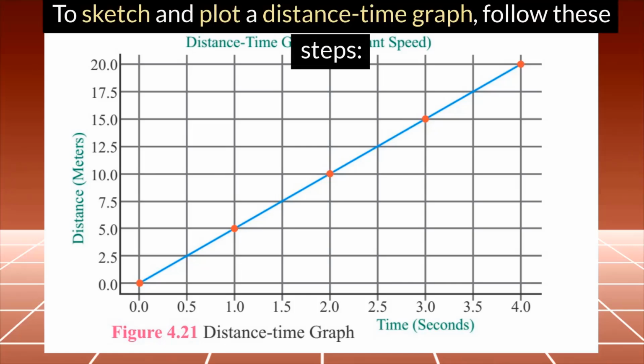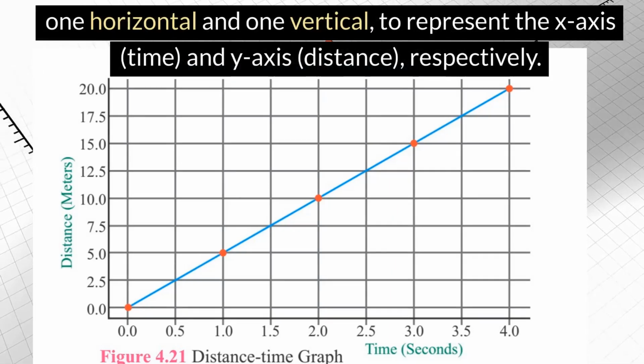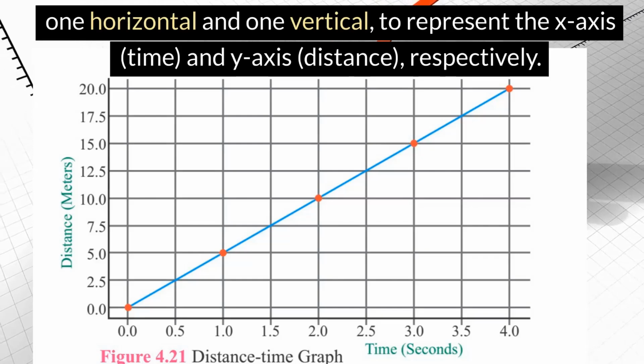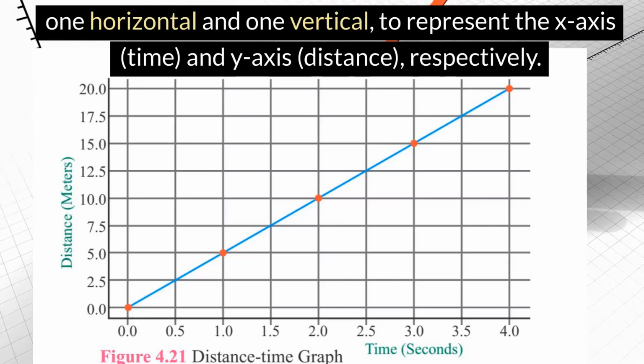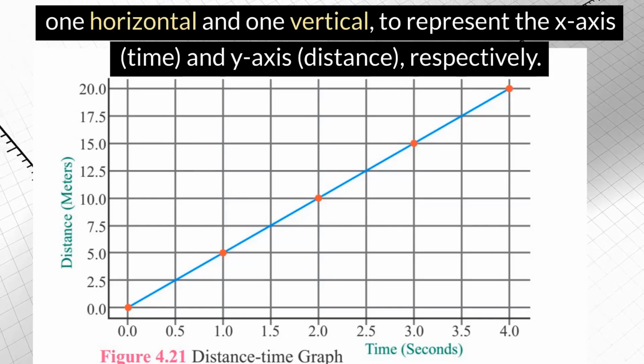To sketch and plot a distance time graph, follow these steps. Begin by drawing two perpendicular lines, one horizontal and one vertical, to represent the x-axis, time, and y-axis, distance, respectively.